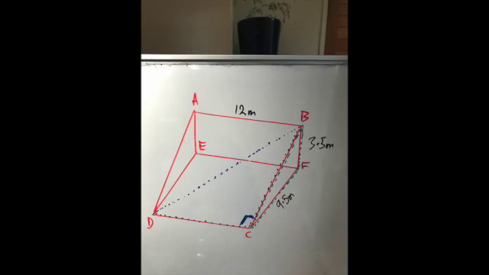The first thing to do is to identify right-angled triangles in the problem. So if we looked at it from the side, we'd have this right-angled triangle CBF. CBF is a right-angled triangle, and we also have this one on the sloping front face, BCD. So what we're going to do is try and find that shared edge. The shared edge, the edge that's in both of those two triangles, is BC.